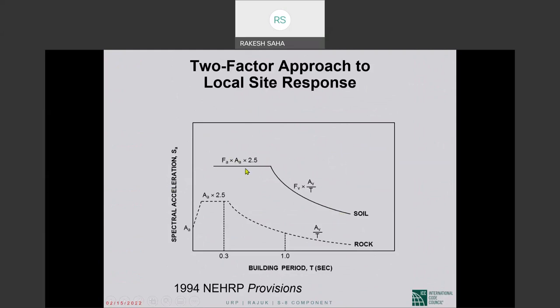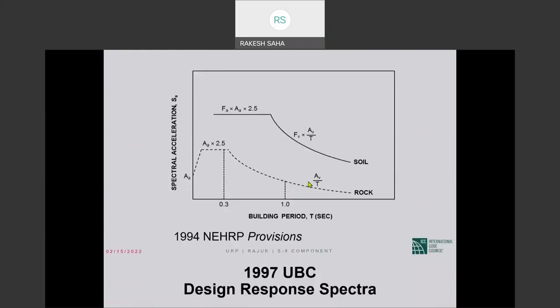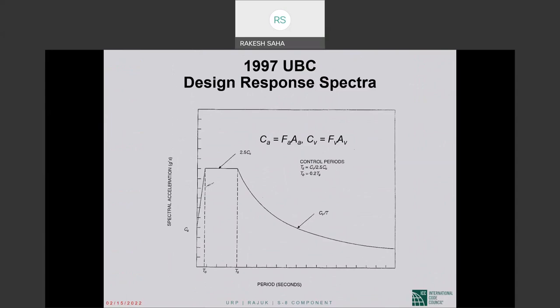This F sub A times A sub A is being called C sub A, and the F sub V times A sub V is being called C sub V. That's all that has happened.